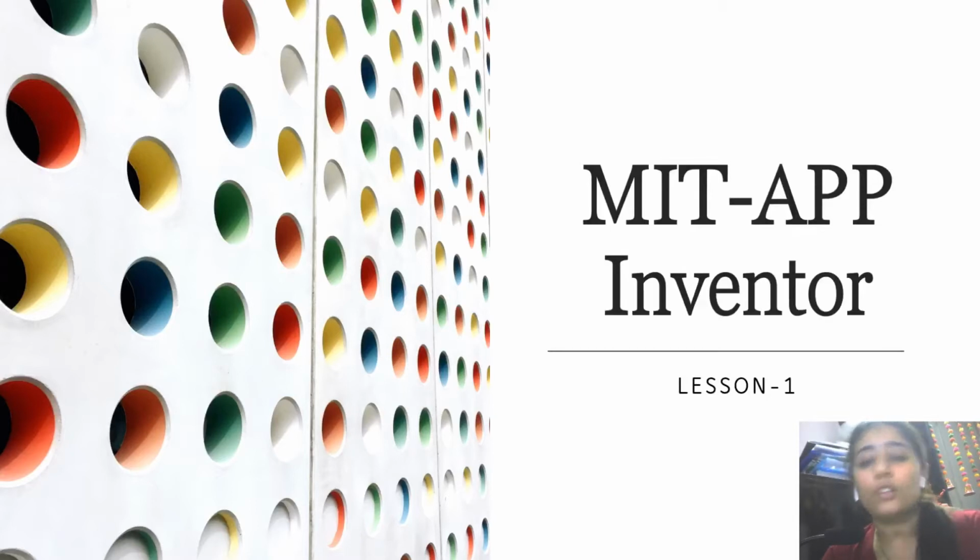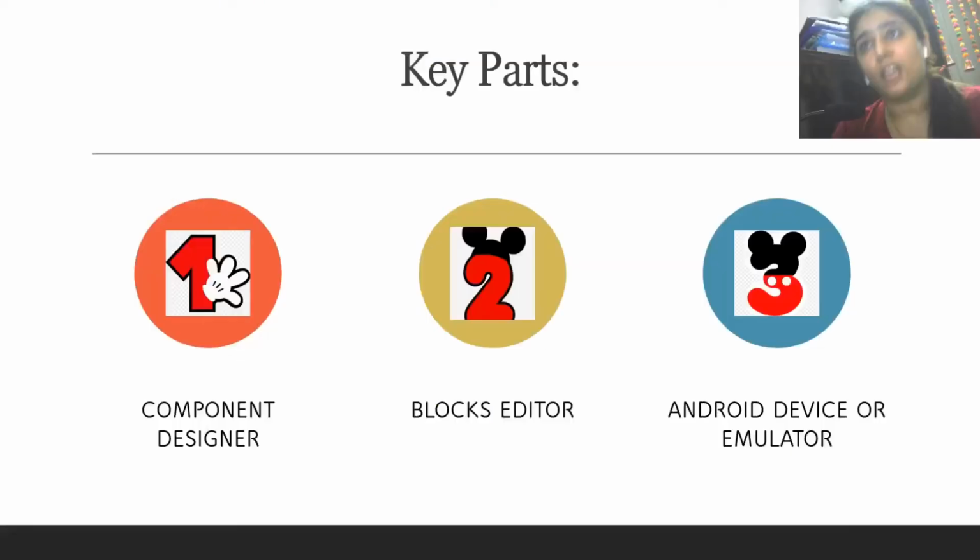This MIT App programming environment has three key parts: the component designer, the block editor, and the Android device or emulator. The component designer helps us to select the components and specify their properties. The block editor helps us to specify how the chosen components will work.